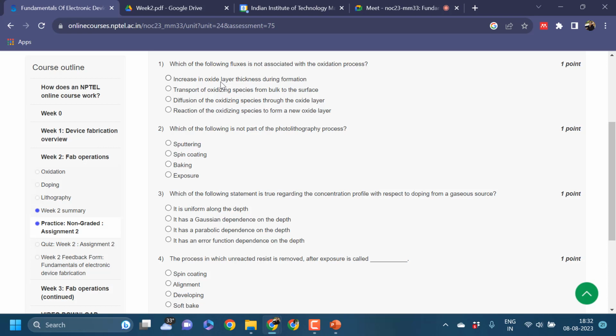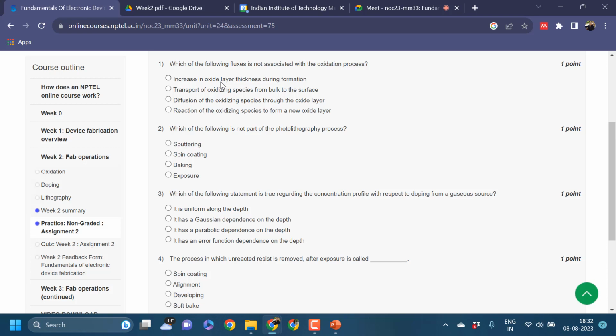During formation, we won't say increase in oxide layer thickness. Increase in oxide layer thickness happens as a result of the reaction of the oxidizing species to form the new oxide layer. So that is the flux that is going on. Finally, the oxide layer thickness will be a particular constant value, but it is not associated with the flux. So is that clear?